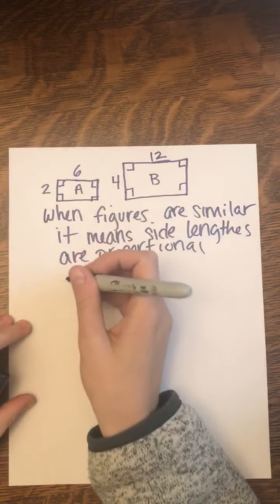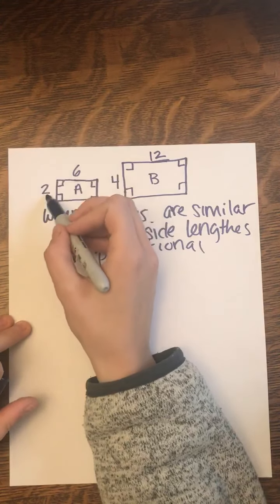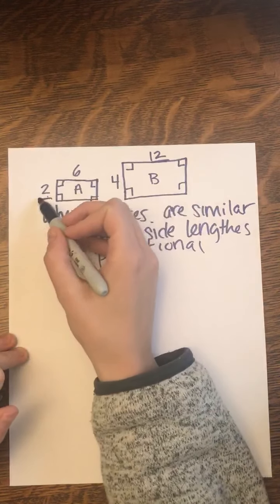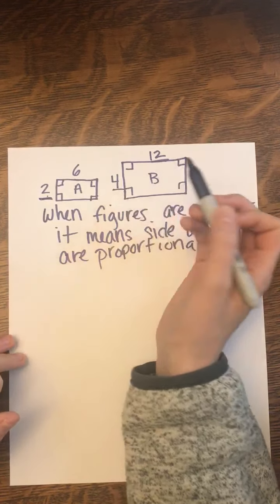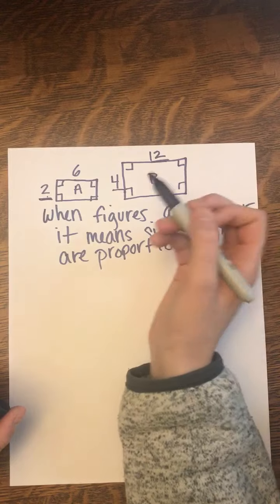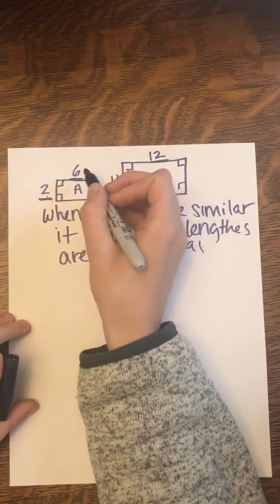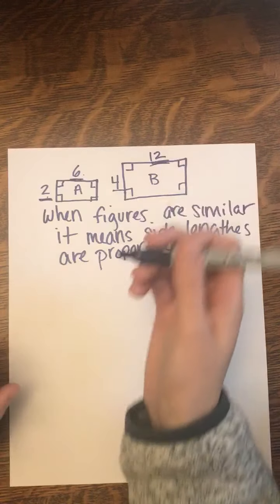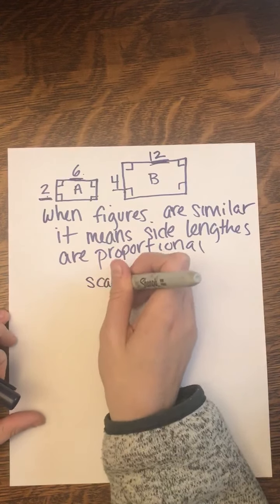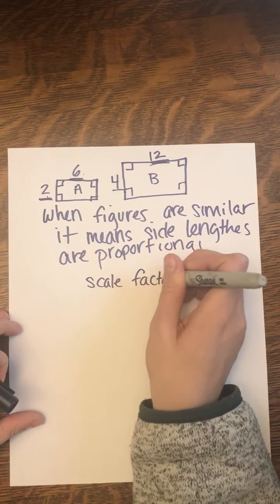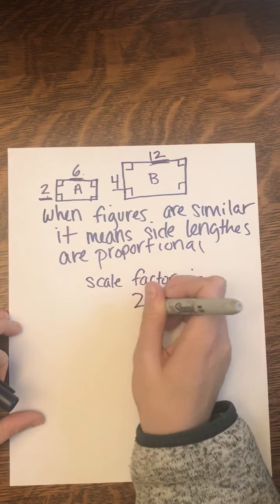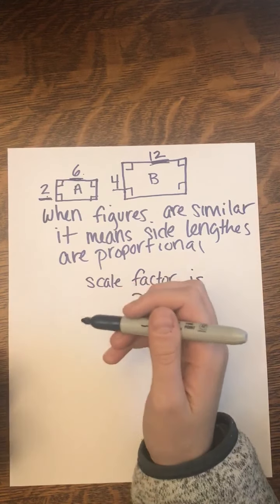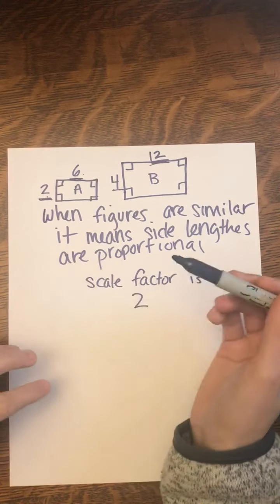To get from this width 2 to this width 4, what do I multiply by? 2. To get from this length 6 to this length 12, what do I multiply by? 2. So my scale factor is 2. The scale factor is what is being multiplied by one side to get to the new side.